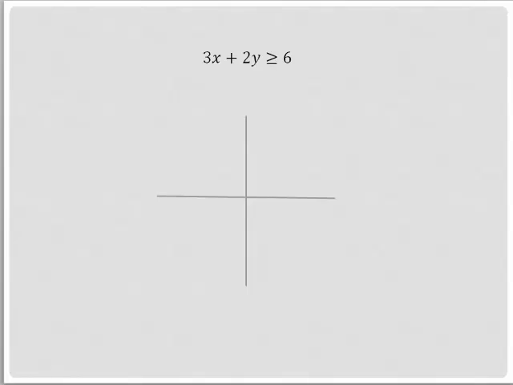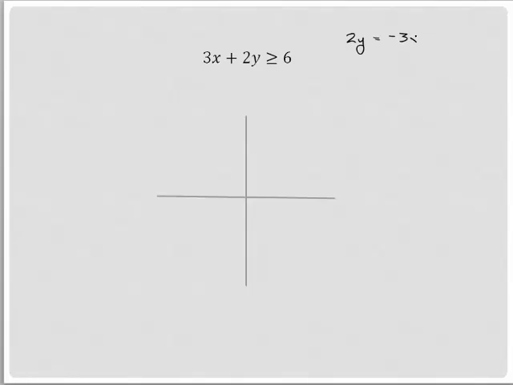Here's another one. 3x plus 2y is greater than or equal to 6. Let's try and rewrite this, okay? 2y is just so much simpler, and you've got to put it in your calculator anyways.